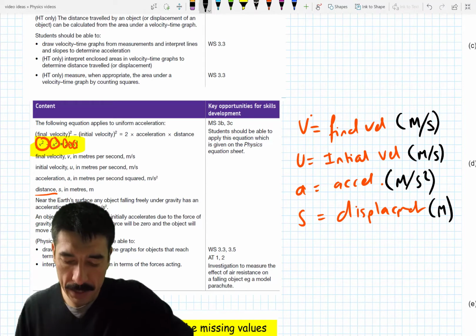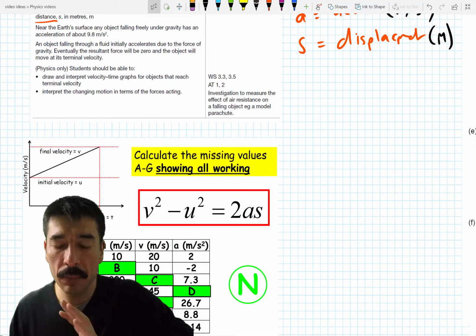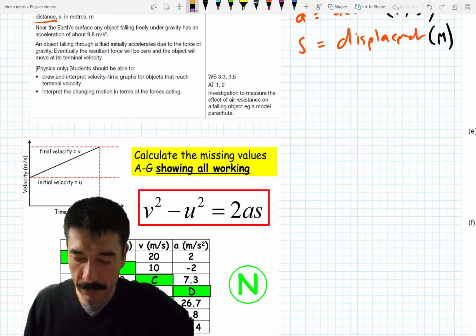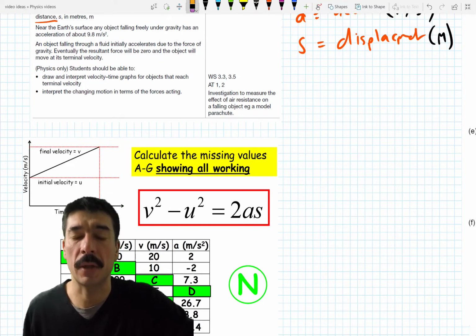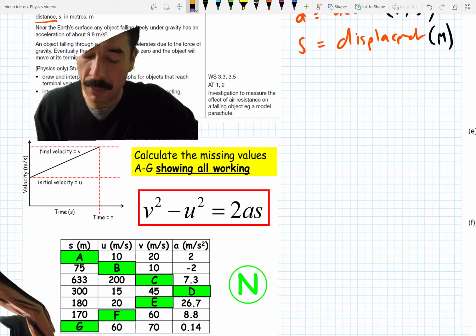Right, so let's have a look at just normal usage of this. I would suggest a student should find out what they're missing. So if you need to find S, here is an example of something you might have done in class. Find the missing values and show all your working.